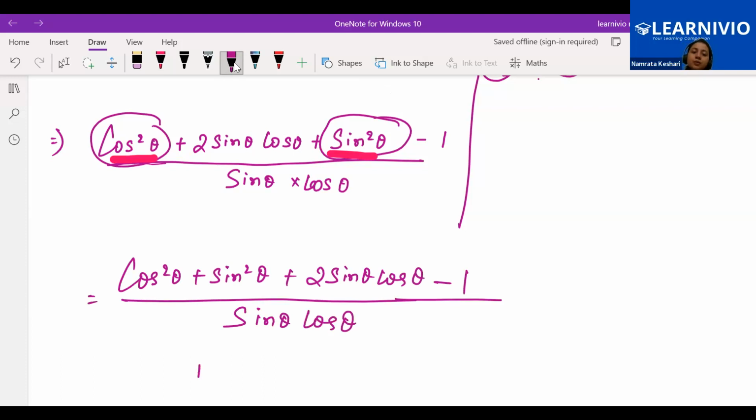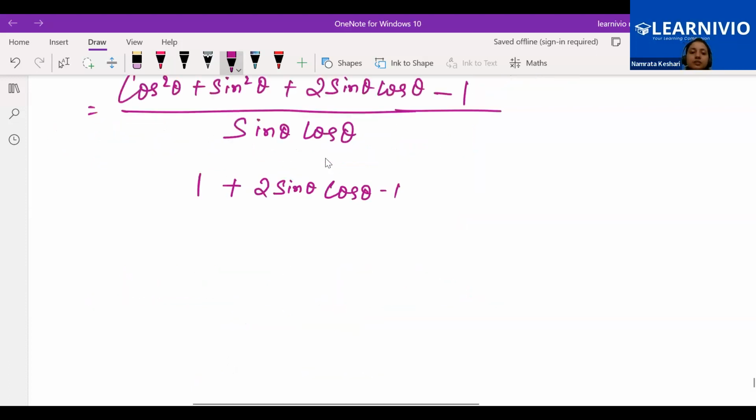This together will be nothing but 1 plus 2 sin theta cos theta minus 1 over sin theta cos theta. Can you tell me what will be the answer from here? Please tell me. Yes.